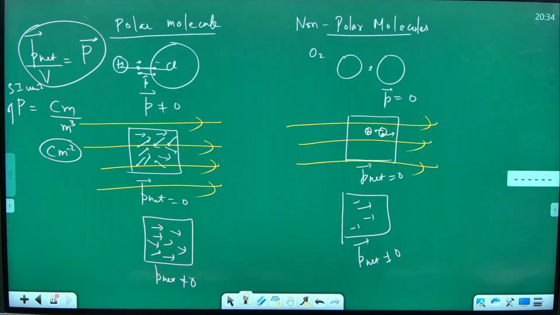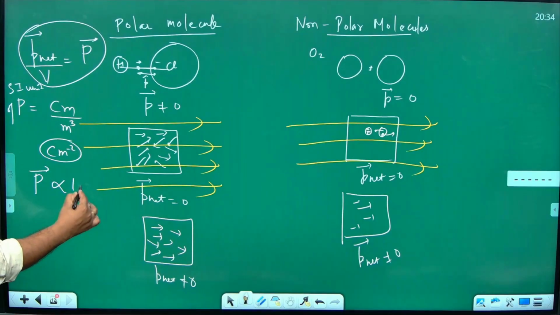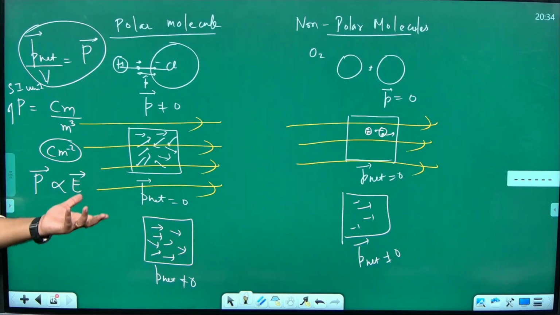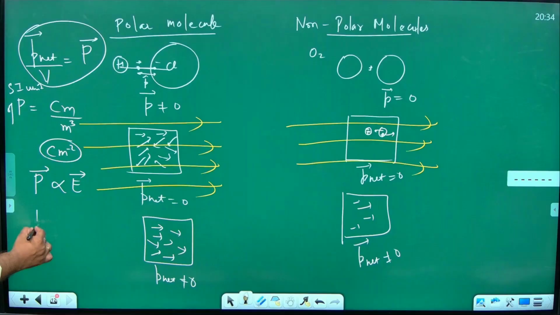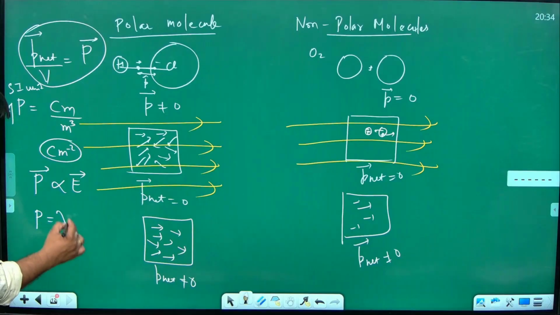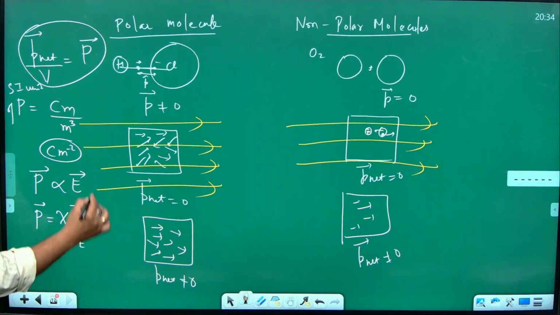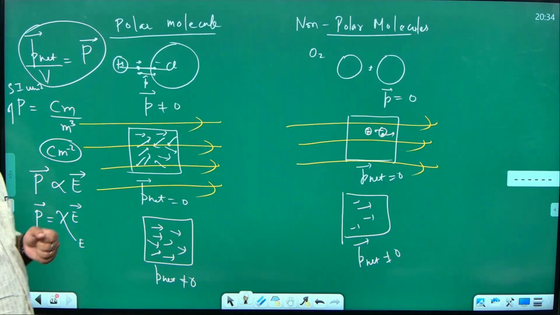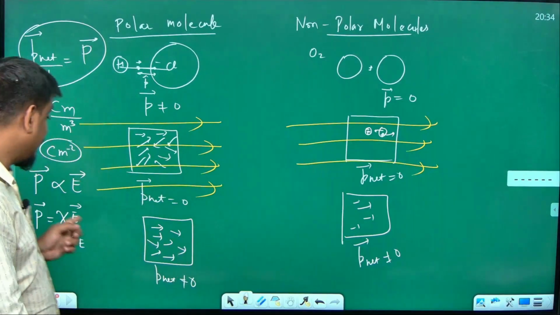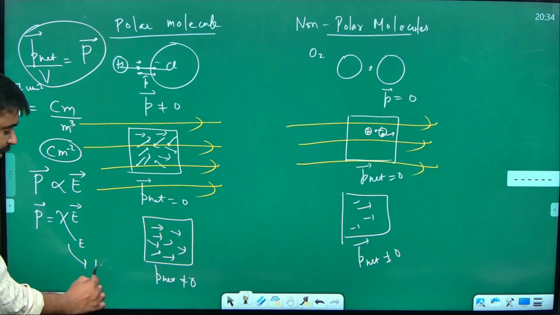One more thing, this polarization, don't you think it is proportional to electric field? More the electric field, more the polarization. Less the electric field, less polarization. Now to remove the proportionality, you have to add a constant. That constant is called electrical susceptibility. Chi, it is called chi.